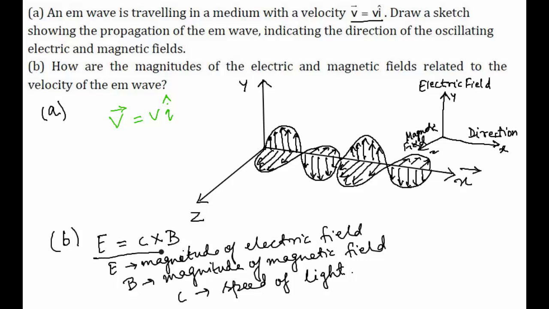So this is basically the required relation between the electric field, the magnetic field, and the velocity of the electromagnetic waves.